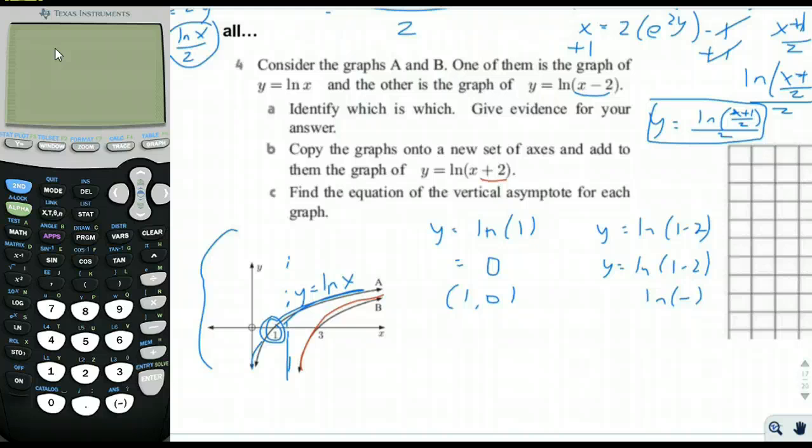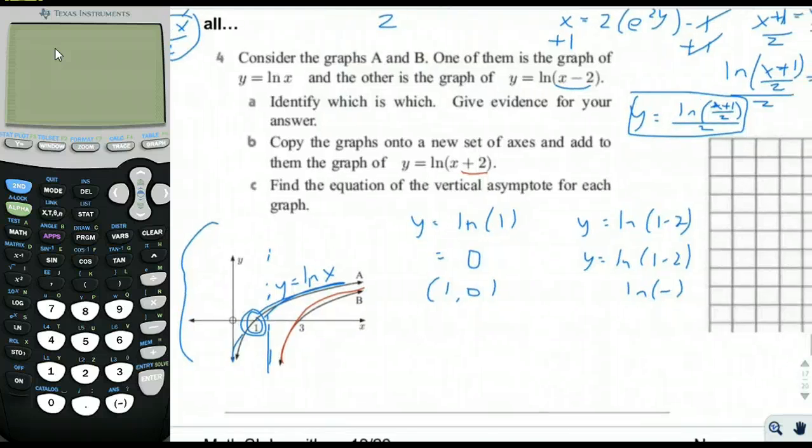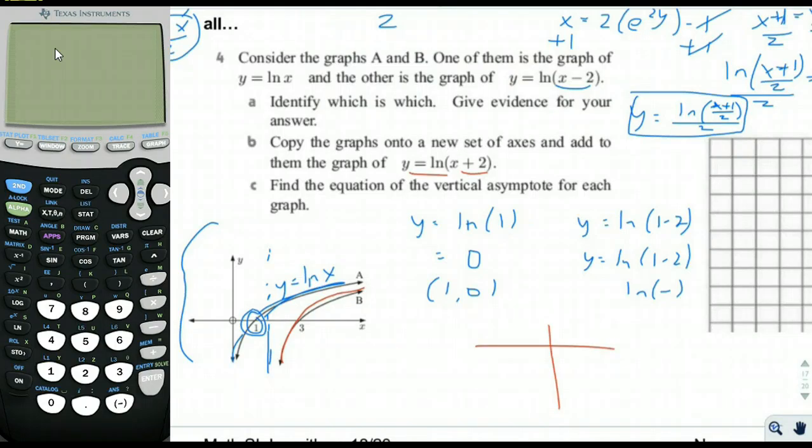But the way you could test that is you could just make a table for this one here. For example, if you put 0 into this, you would get natural log of 2. And if you put negative 2 in there, you would get log of 0, which is negative infinity.